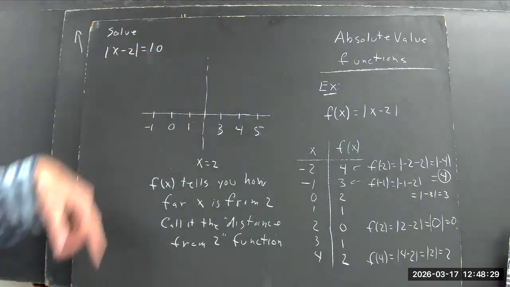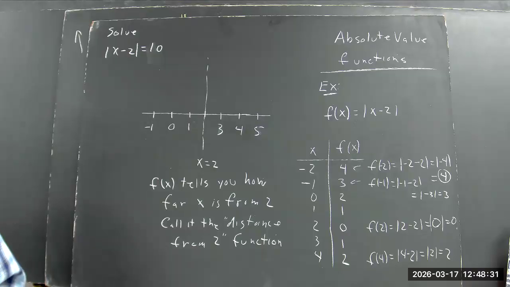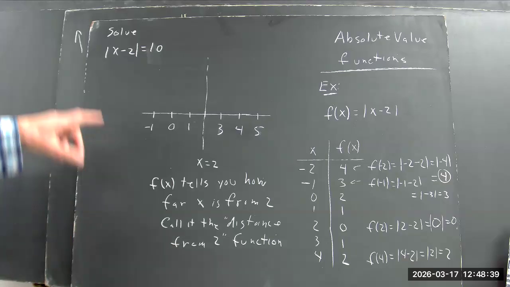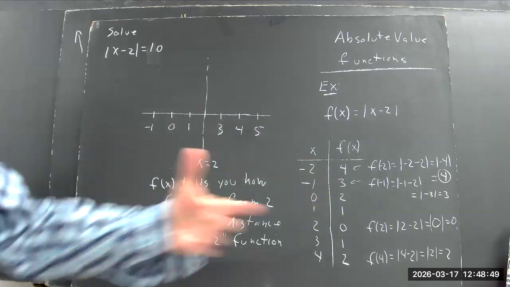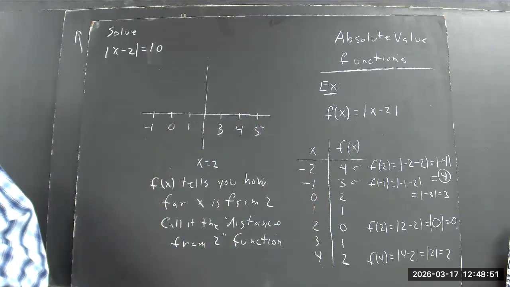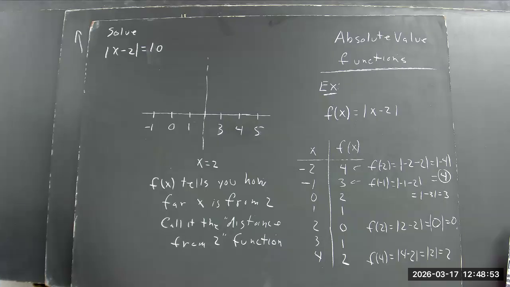I'm not actually going to ask you to do it. I'm going to do it for you. In the first place, you could answer this question by just telling me what numbers are 10 units from 2. Well, 12 is 10 units from 2, and so is -8. Okay, they're two numbers.